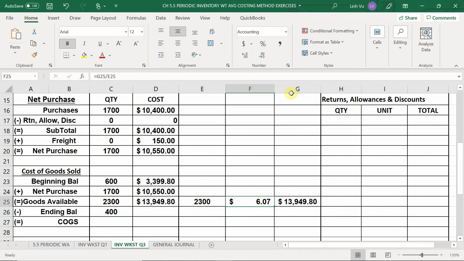Okay. Good, right? That is my average cost per item.